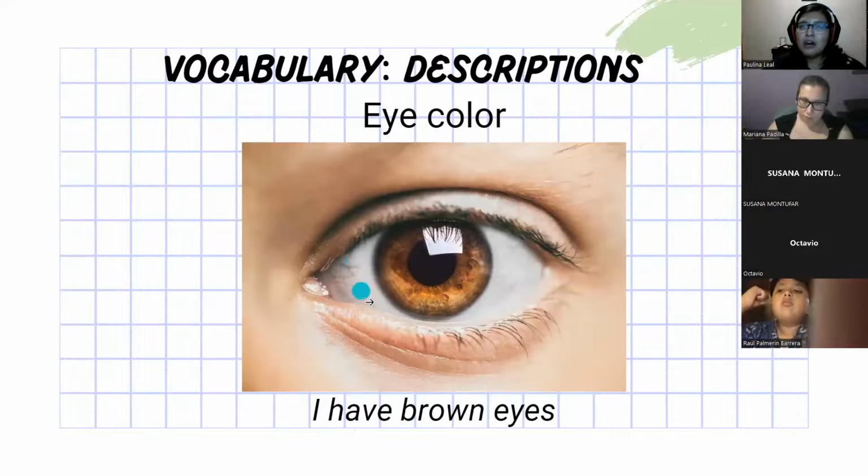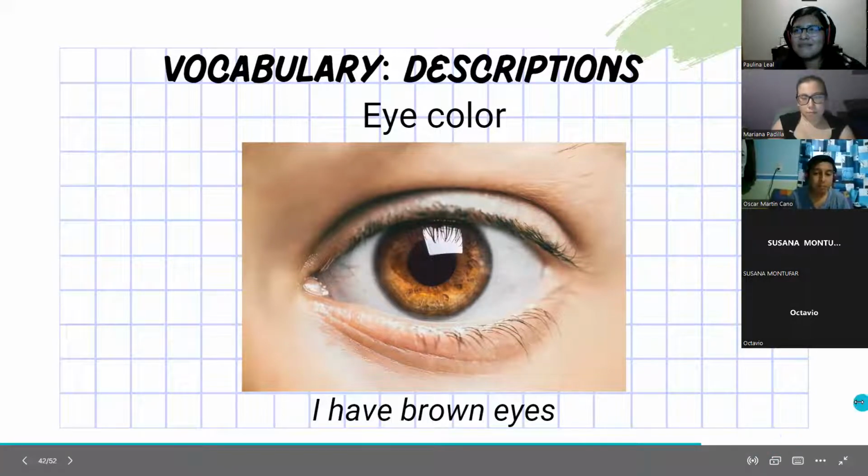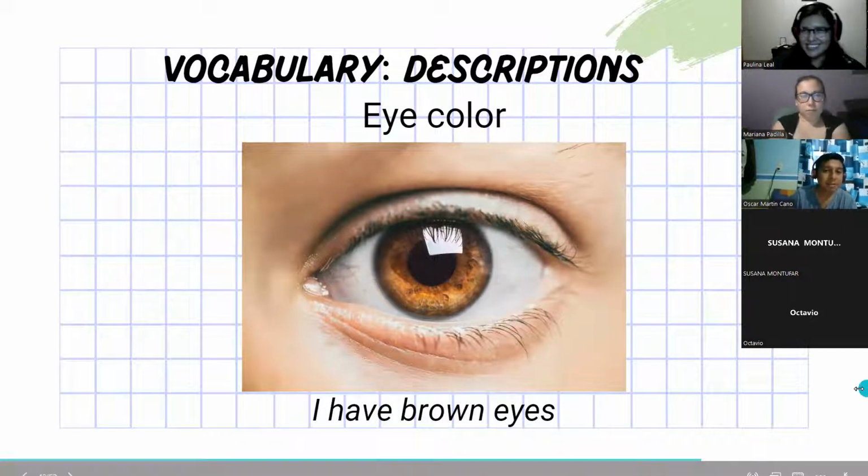The most common eye color is brown. So I, Paulina, have brown eyes. Do you guys have brown eyes? Oscar, do you have brown eyes? Yes, I do.